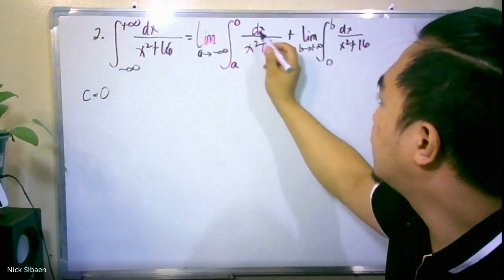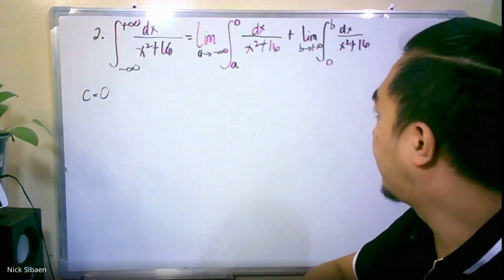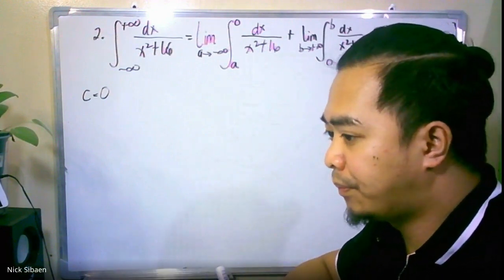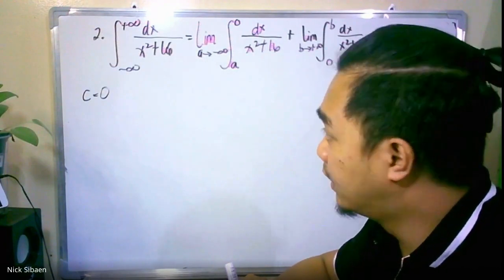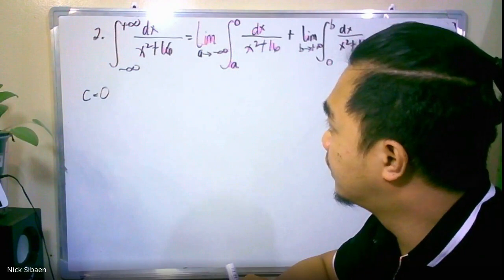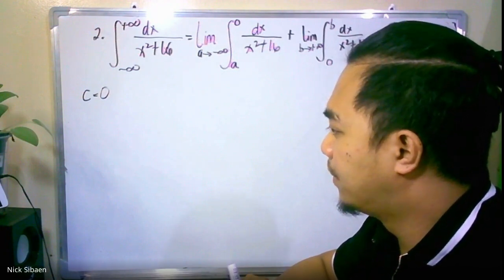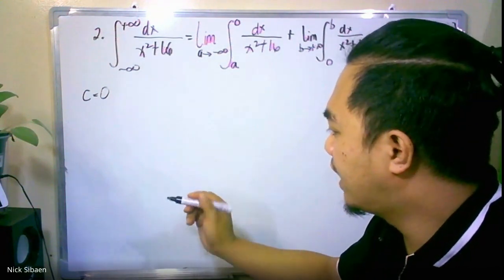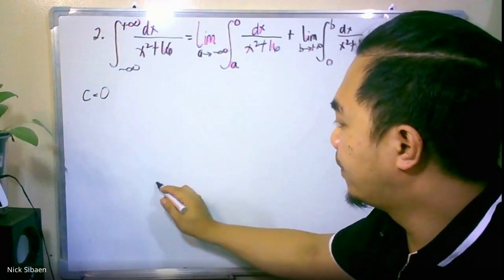Our next problem is to identify the integral of our function given. So, namumukhaan nyo ba itong function na to? Ano yung gagamitin natin? Ano na yung formula natin dyan? That involves the inverse trigonometric function, no?